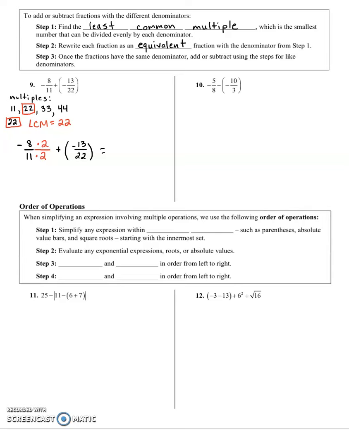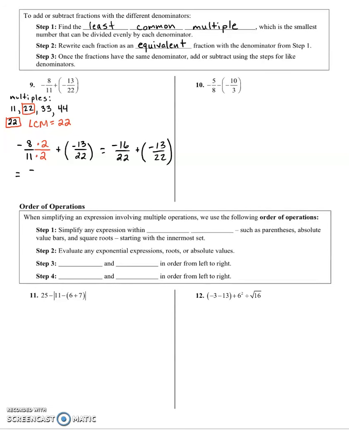So, negative 8 times 2 is negative 16 over 22, plus we've got a negative 13 over 22. Now we have the same denominators, so we can just go to combining our numerators.